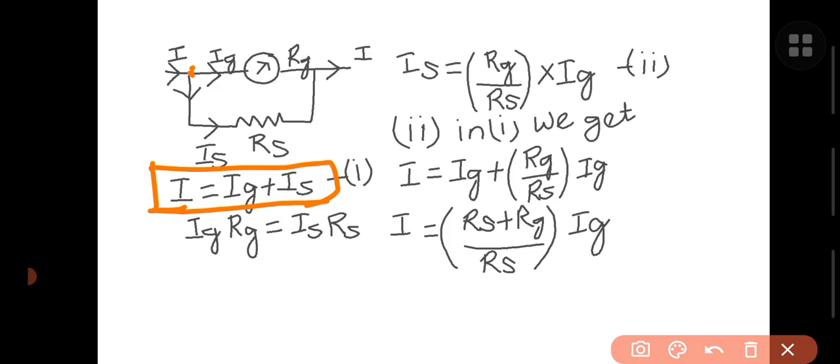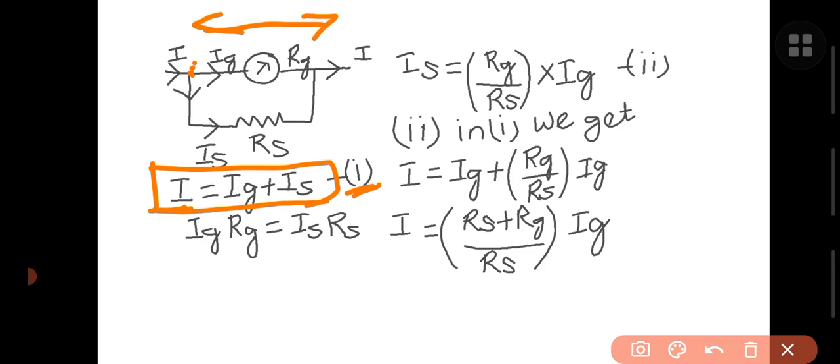So we can form equation number 1 using Kirchhoff's current law. The algebraic sum of currents at a node or a junction is equal to 0, or incoming current is equal to outgoing current. At this junction, incoming current is I, outgoing currents are Ig plus Is. So equation number 1.